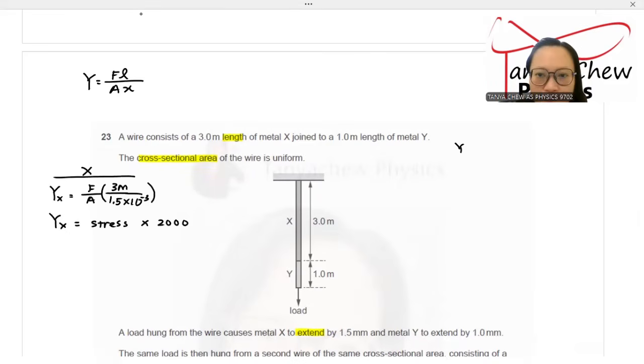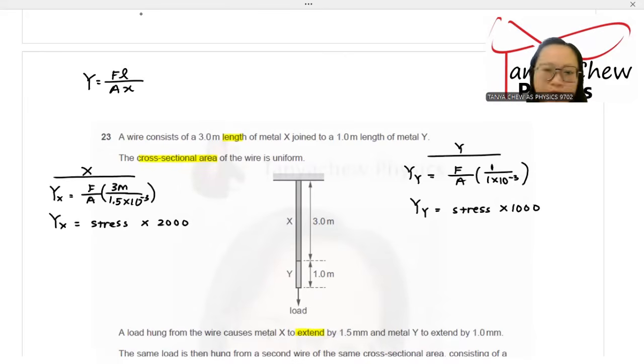Now, Young modulus of Y, F over A. Now, Y is 1, extension is 1 millimeter. So Young modulus of Y would be stress multiplies by 1,000.